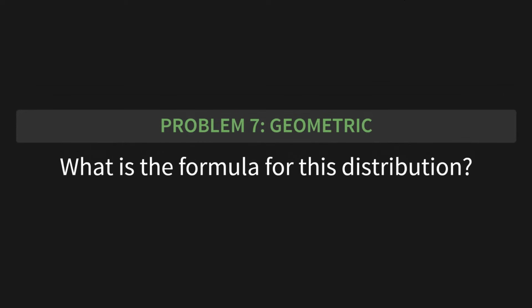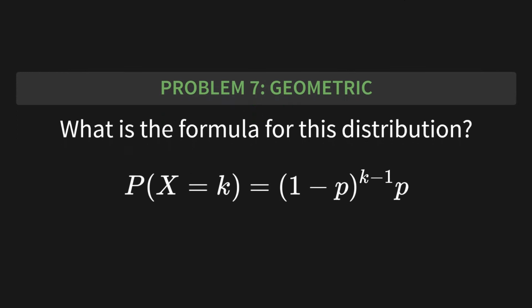What's the formula for the geometric distribution? P of X equals k equals 1 minus p to the k minus 1 times p.